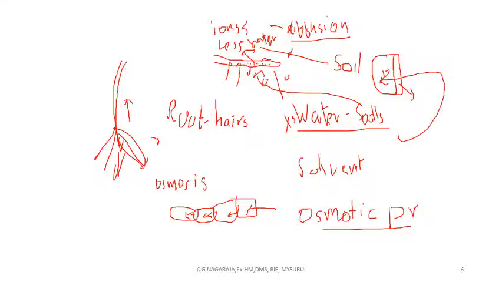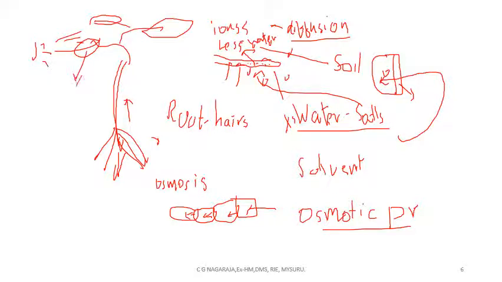Similarly, now you have the leaves here. Imagine there are leaves here, and in the daytime these leaves will get the sunlight, and will be exposed to sunlight. Due to heat, water evaporates. You have studied evaporation of water already in the lower classes.